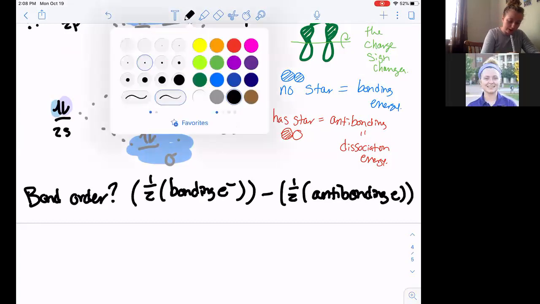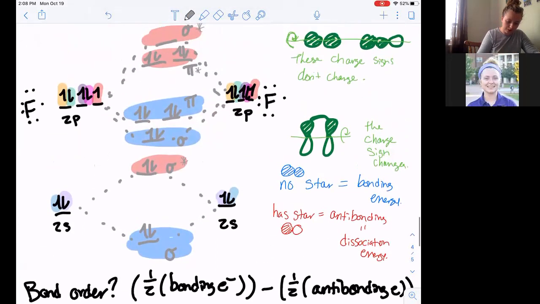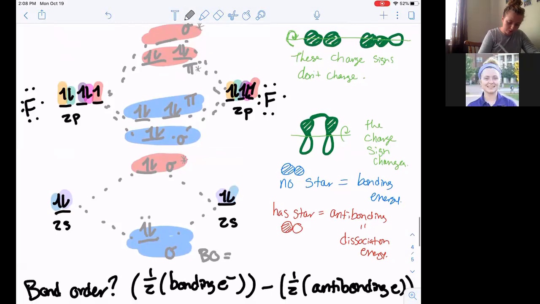In this case, the bond order would be, let's see, 1, 2, 1, 2, 3, 4, 5, 6, 7, 8. 1/2 of 8 minus anti-bonding. Let's see how many we have. 1, 2, 3, 4, 5, 6. 1/2 of 6. You can simplify that to 4 minus 3, and that's 1.